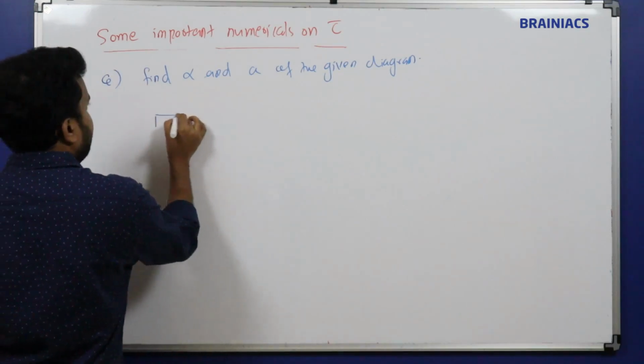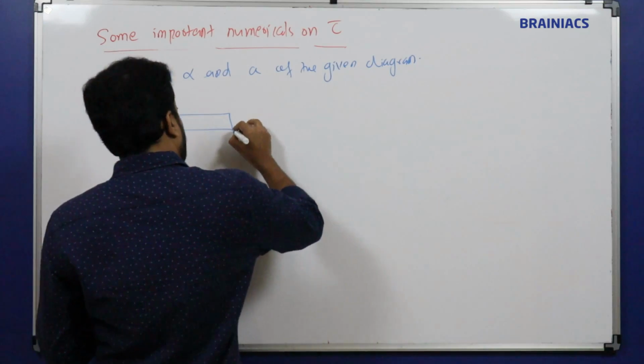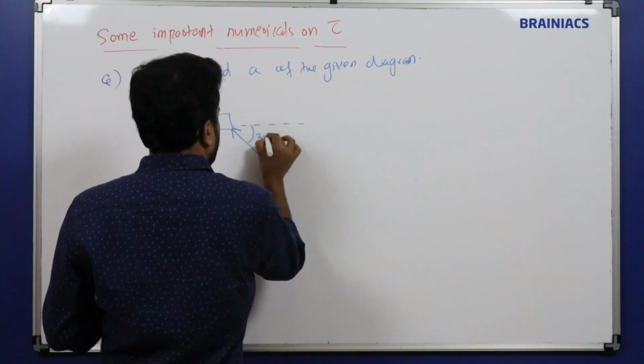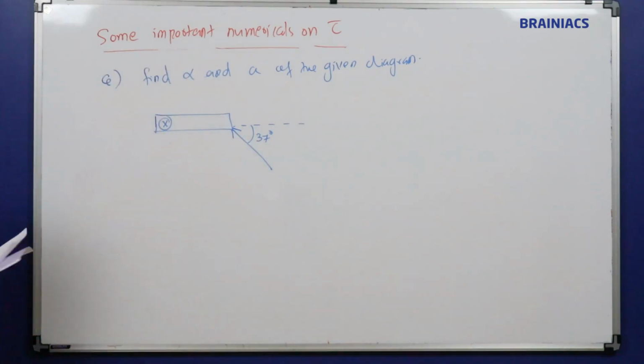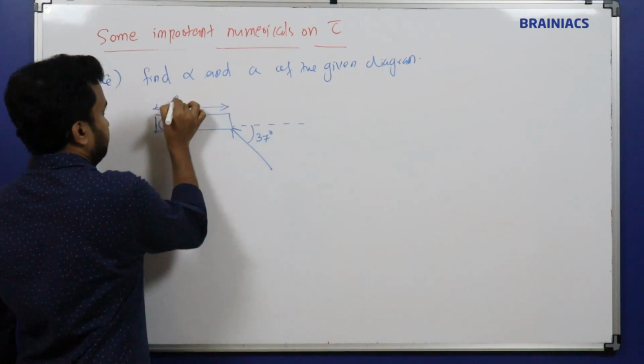We have a diagram which is given, and here it is a hinge, and we are applying a force like this horizontally, making 37 degrees. We want to find out the value of alpha and the other things. The length of the rod is given as L.